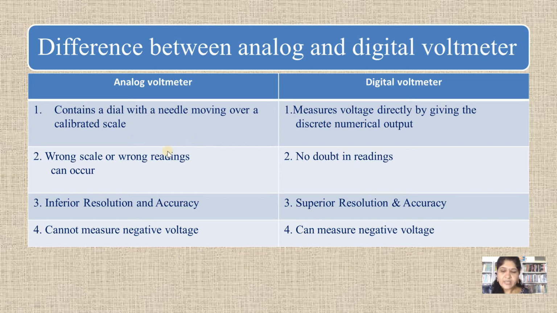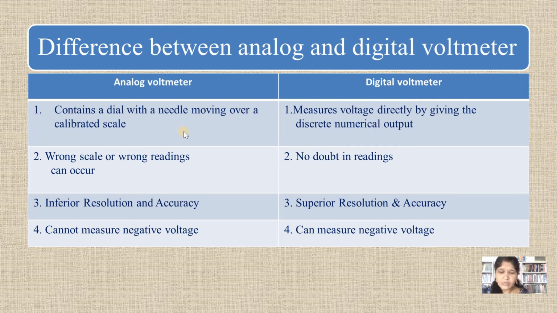So we can say that the reading taken from the analog voltmeter will be equal to the input voltage. The digital voltmeter, on the other hand, provides the direct reading, that is, a discrete numerical value of the voltage.